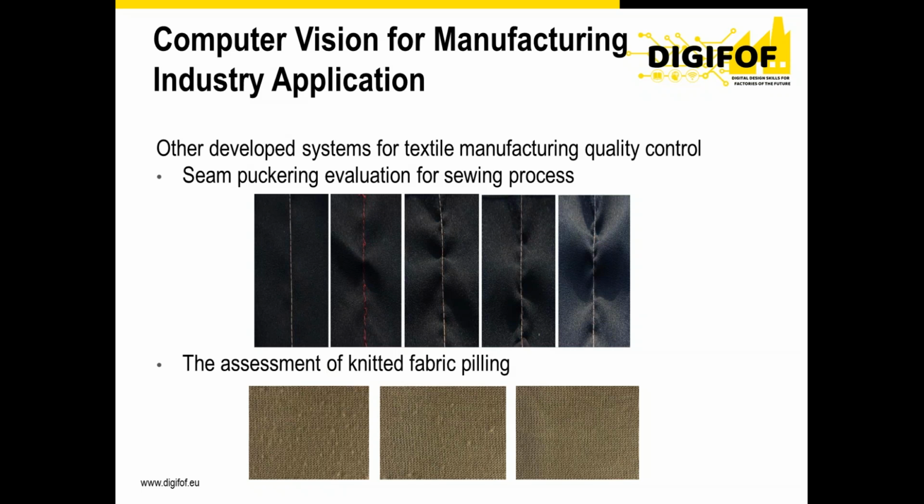And another aspect that could also be mentioned here in the case of quality control is the assessment of pilling. So pilling is something that all of us can see or mention because we have knitted fabrics, let's say wool knitted fabrics or cotton knitted fabrics.